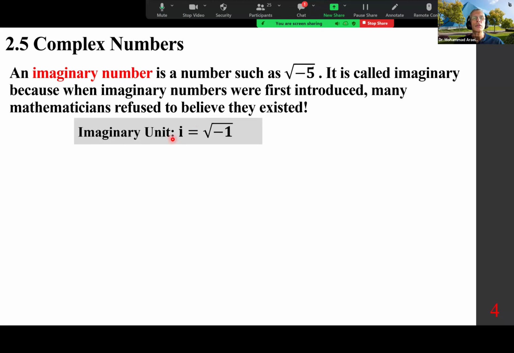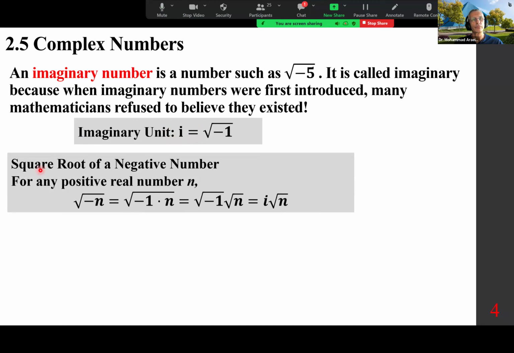The imaginary unit, i, equals square root of -1. Square root of a negative number: for any positive real number n, square root of negative n is the square root of -1 times n. That square root of -1 must be replaced by i.